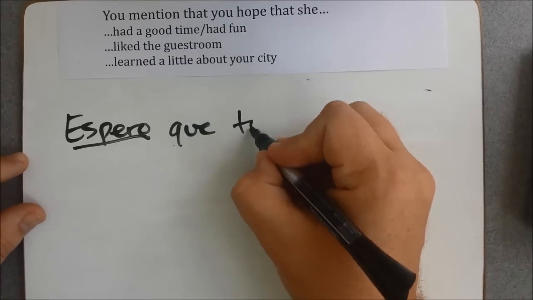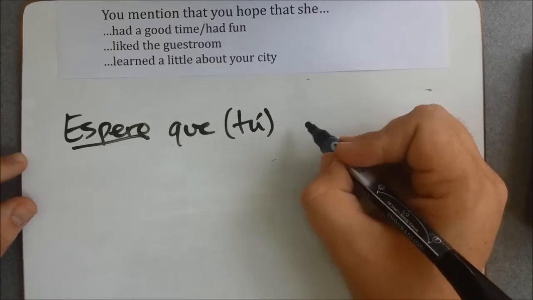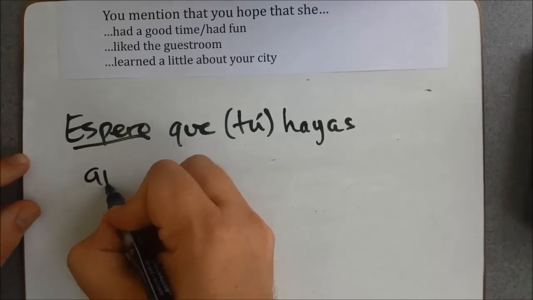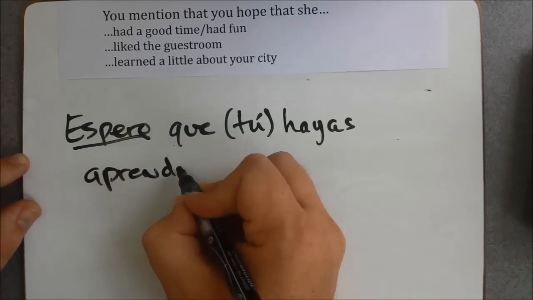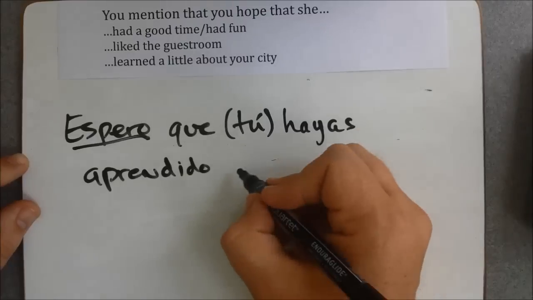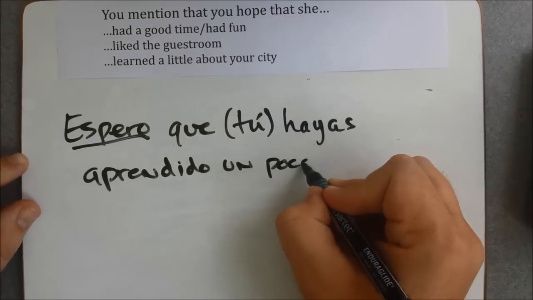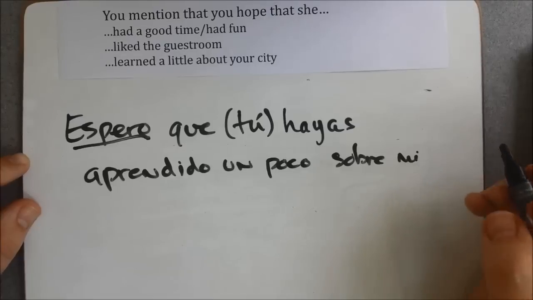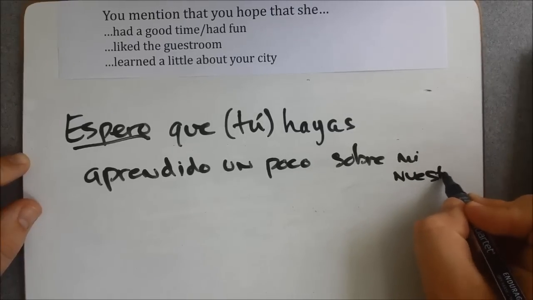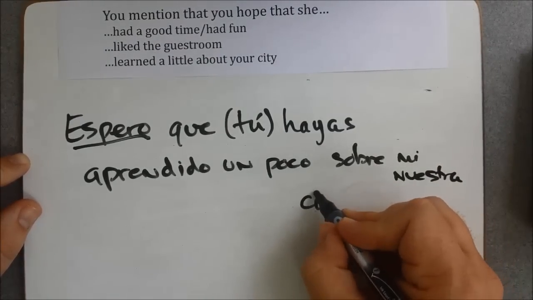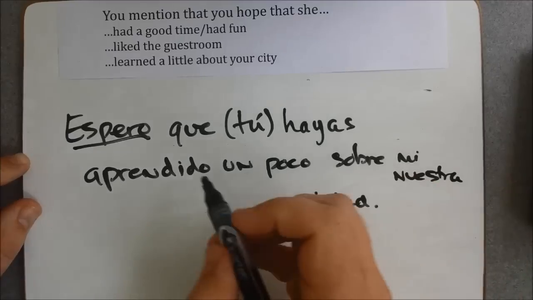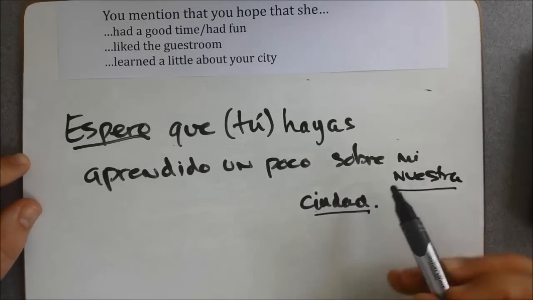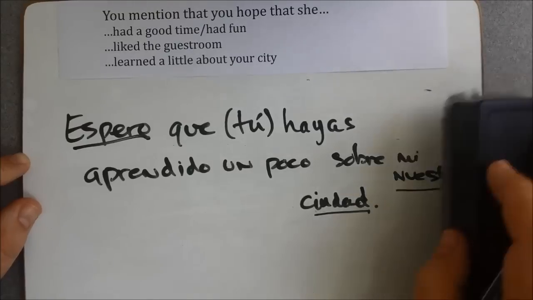Espero que tú, remember this is optional, hayas aprendido un poco sobre nuestra ciudad. Okay? Vanessa, espero que hayas aprendido un poco sobre nuestra ciudad. It's feminine. Nuestra ciudad. Okay?